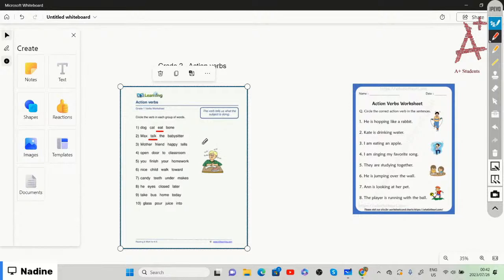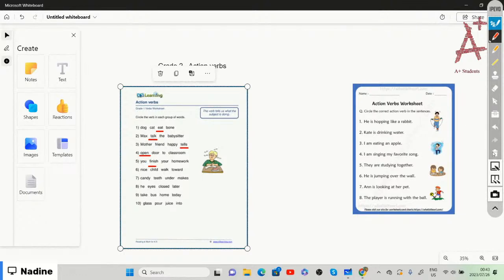Mother friend happy tells. If we select our verb within that sentence, we can say tells. Open door to classroom. So open. You finish your homework. And there we have finish or complete, right?